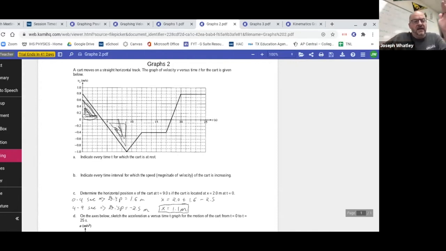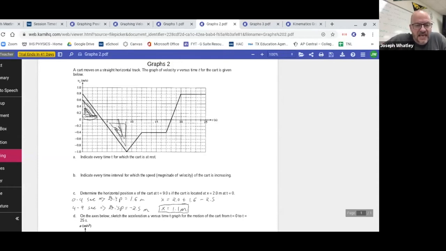It only intersects at 2 times, at time 4 seconds and time 18 seconds. Those are the only times this cart is at no motion because this is a velocity graph. If this was a position graph, we would read it completely differently.